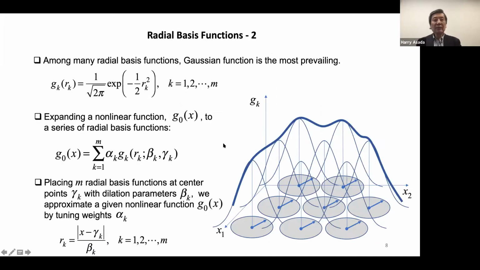Now, radial basis functions involve many functions, as I said, but the one particular form which is most widely used is a Gaussian bell: exponential minus r, the weighted distance, squared.